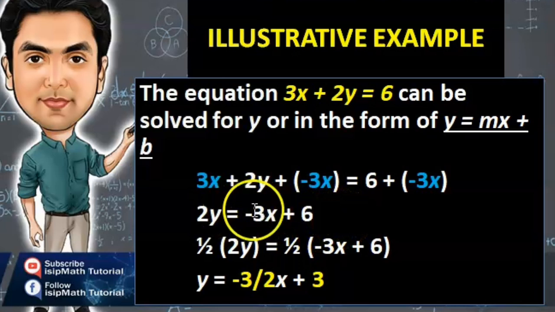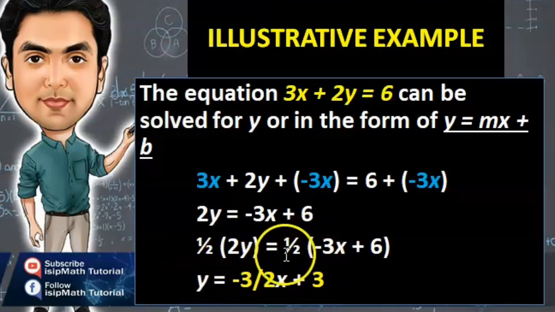Okay. So, next, we will multiply both sides with positive 1/2. Diba? Para ma-eliminate natin si 2 para si y yung maiwan. Diba? Kasi ito po yung sunod natin, y equal to mx plus b. So, ang mangyayari, ma-eliminate si 2, ang maiwan ay si y.